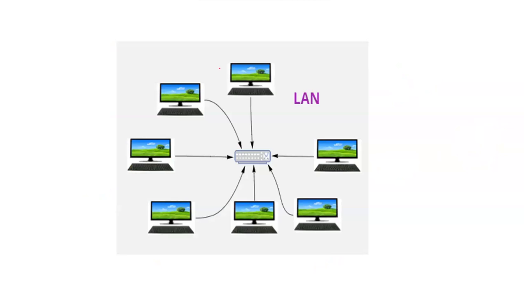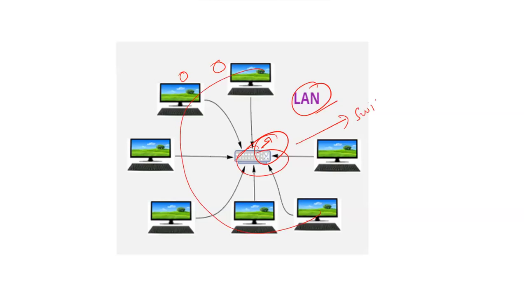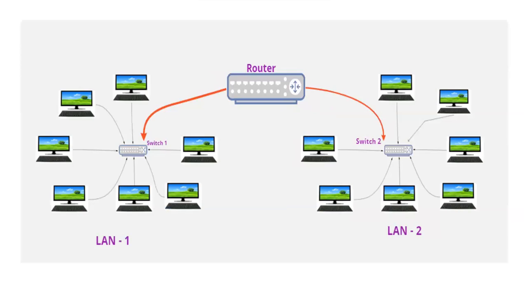Here we have a number of devices connected to a switch, to all the other connected ports, so it's one LAN only. If we have only one local area network, we connect all the devices to a centralized device called a switch. What if you have more networks? Here we have LAN 1 and LAN 2.